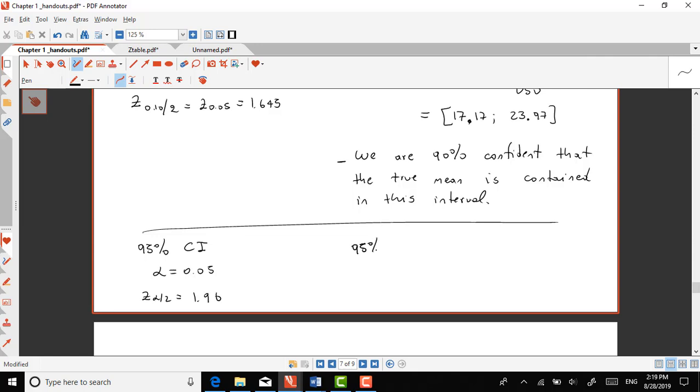So the 95% confidence interval will be 20.85 plus minus 1.96, with the same numbers for the standard deviation and the sample size, and that gives you 17.13 to 24.57, which is slightly larger, but still, it's not that wide for purposes of this problem.